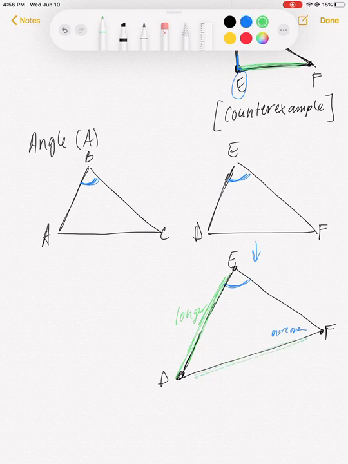And also DF has gotten longer as well. And angle D has closed up some. So F was more open, but then that forced D to be more closed.